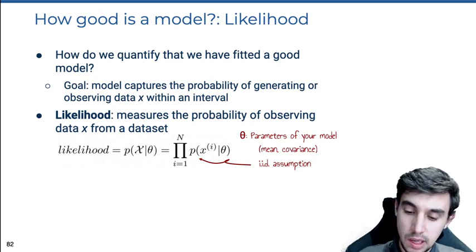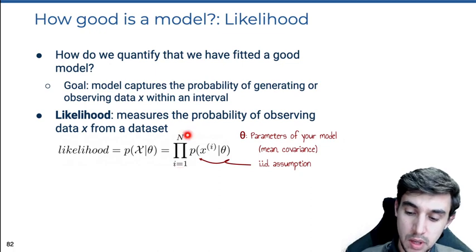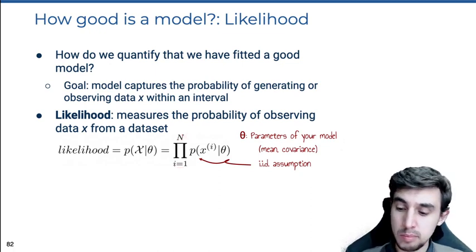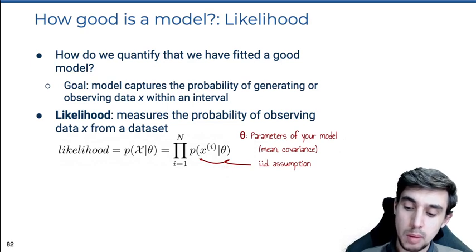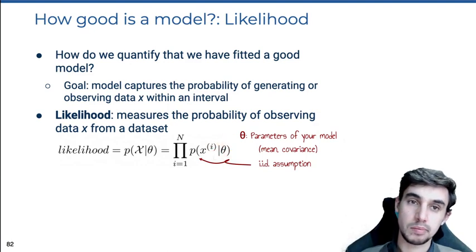And so the likelihood is computed by computing the product over all the N points of the training data set, and we will take the predicted value that is outputted by the model for every sample of the data set, again following the parameters theta.